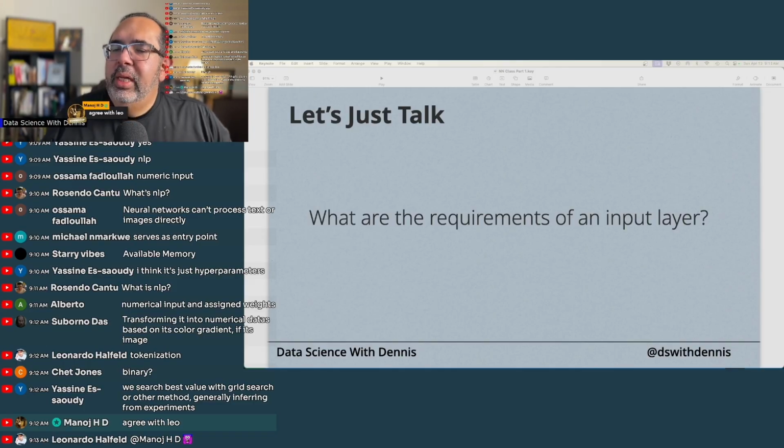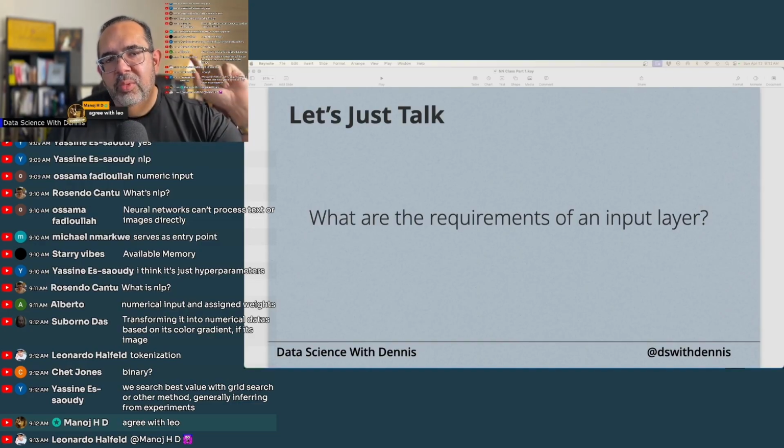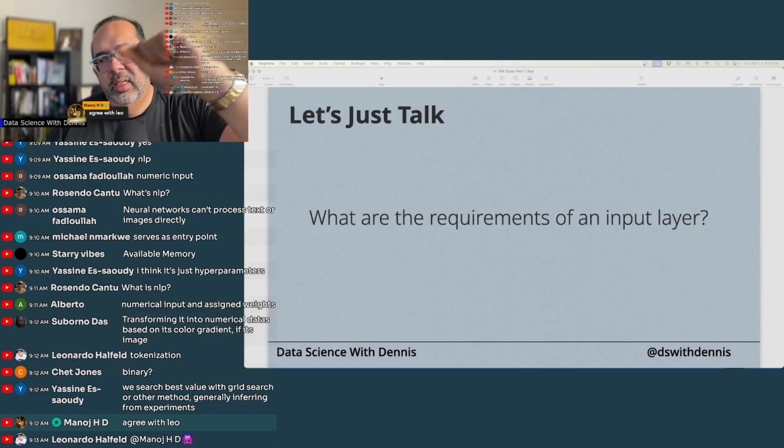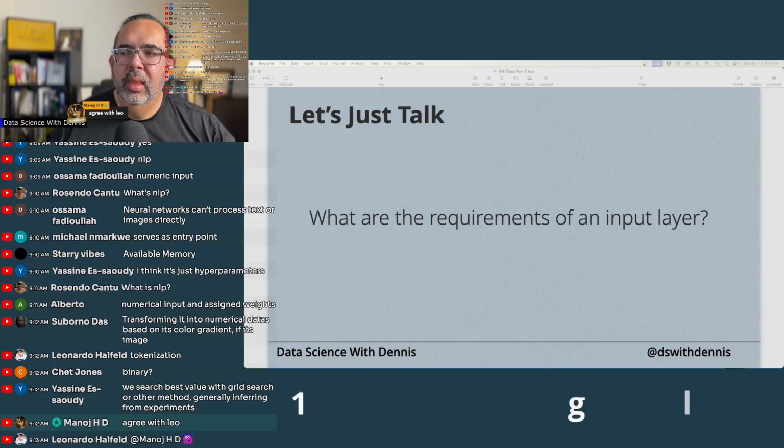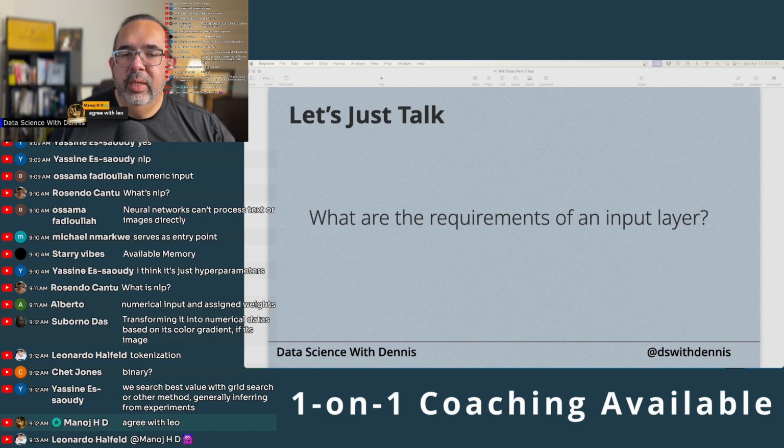Because you can't put the word dog into a model that we just agreed is a mathematical representation of the brain. So you have to go through a tokenization step to take the word dog, assign it a numerical value, and then you put that into your model, right? That's really important.